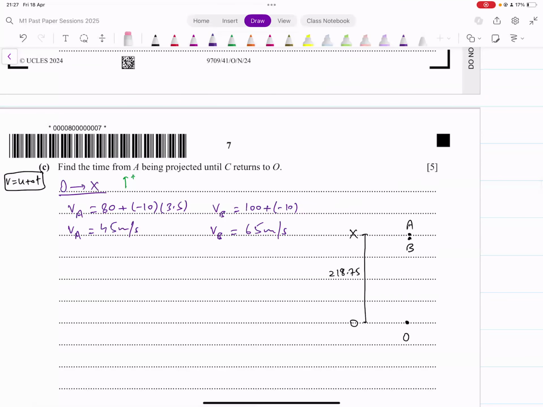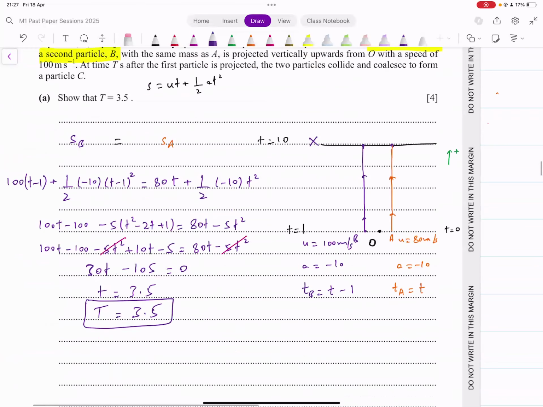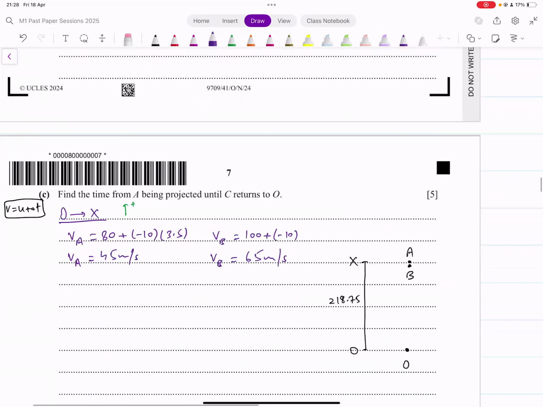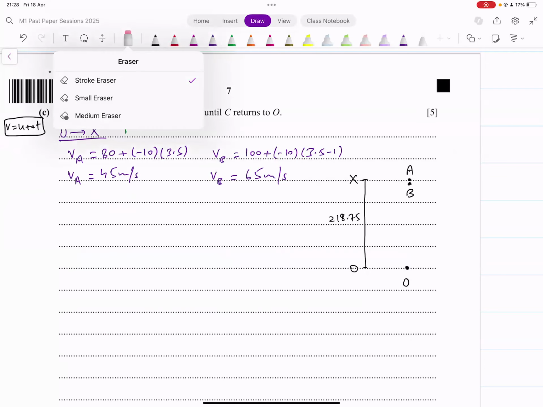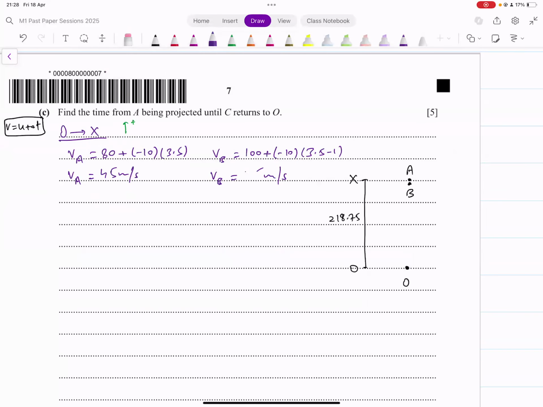I'm sorry about that. So one was T, the other was T minus 1. Sorry, I missed that. This time for A was 3.5, right? But B was projected later. It was T minus 1. We used just 3.5 there. It should have been 3.5 minus 1. That's 75 actually.